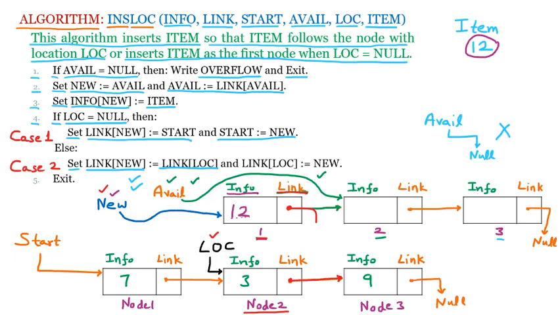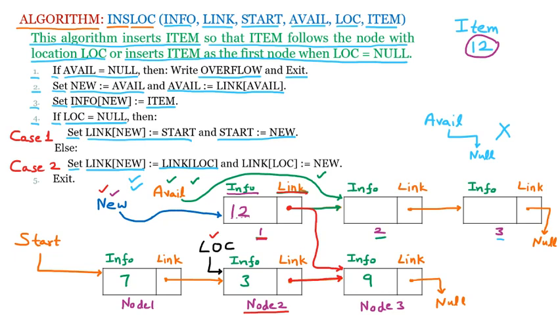So there we are inserting, that means link new, which is this one, is equal to link loc, that means this one. So here we are putting the pointer. So this pointer is now putting here.